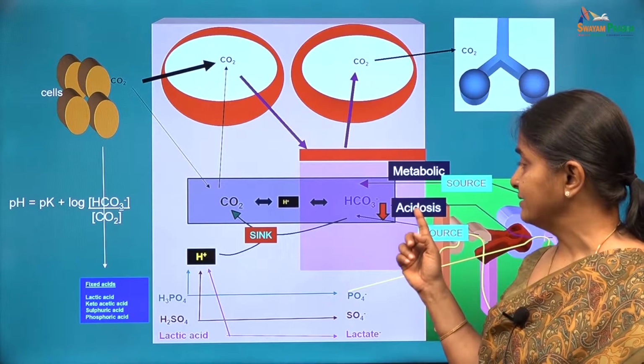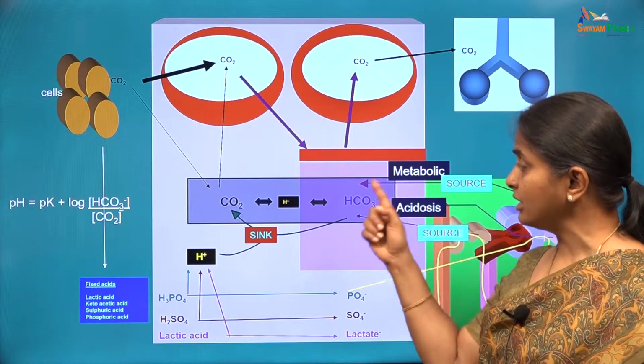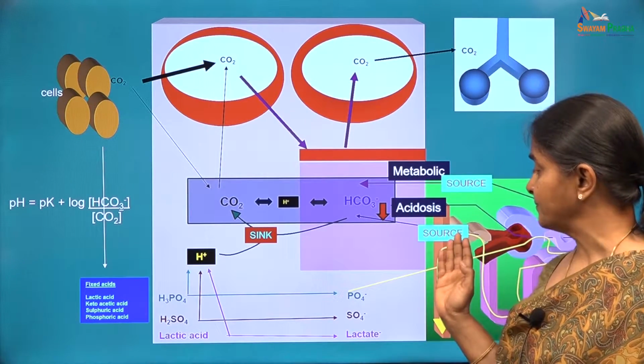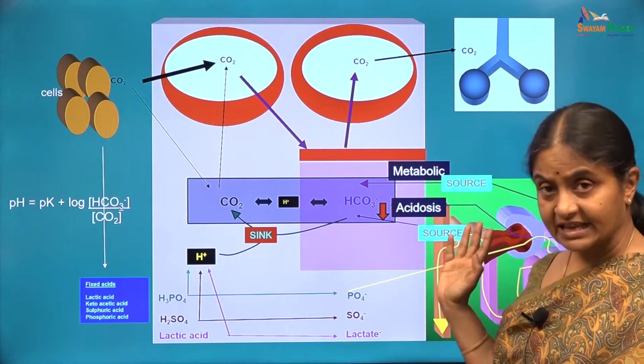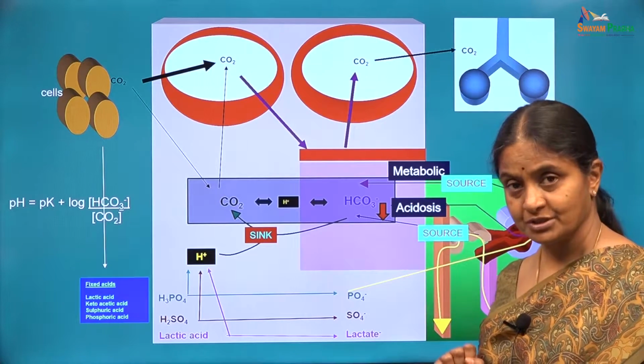That's why probably this term metabolic acidosis has come to describe all conditions where there is a reduction in plasma bicarbonate. But notice that decreased formation of bicarbonate in the kidney is also classified under metabolic acidosis.